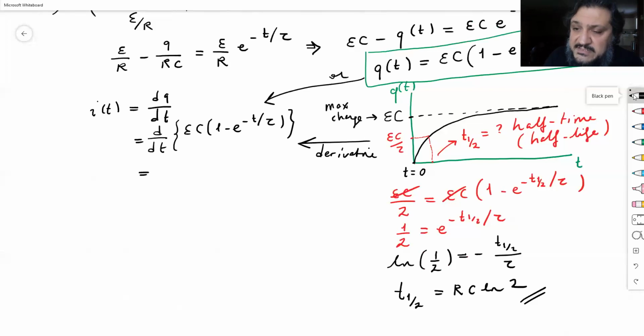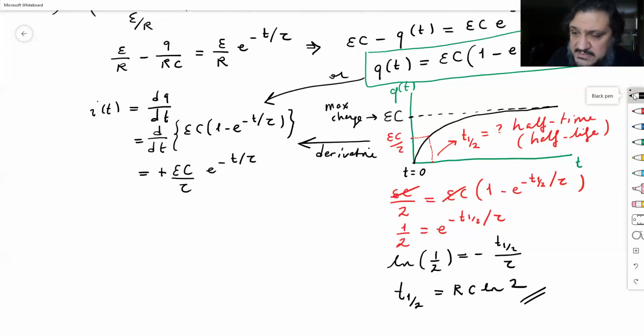The second term has a negative in the front, and then you'll have another negative from the exponent, so it's going to be positive. All right, and its derivative is, of course, there's EC here. We're going to keep that. Now you divide it by tau. E to the negative t over tau.